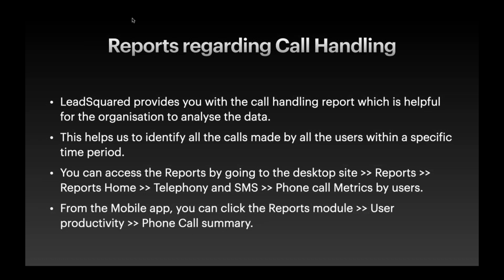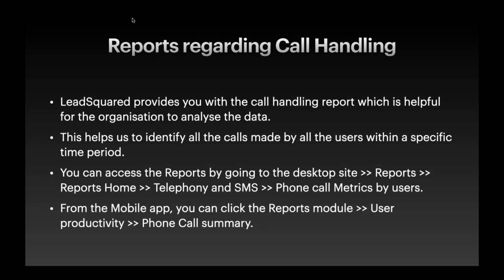But from my understanding, it will always give you the information about the third party caller. For example, if you have Amio or RingCentral integrated with LeadSquared, and you have the data for it, obviously all those data will show up in this report section.